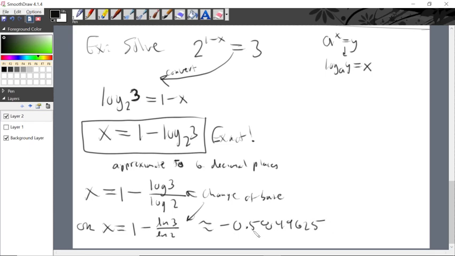So to 6 decimal places, because the 7th decimal place is a 5, I'm going to round up. So I'm going to get negative 0.584963. And so that's our approximation.